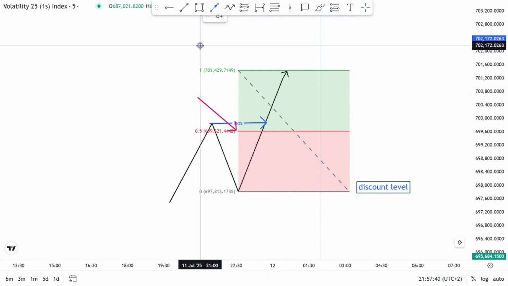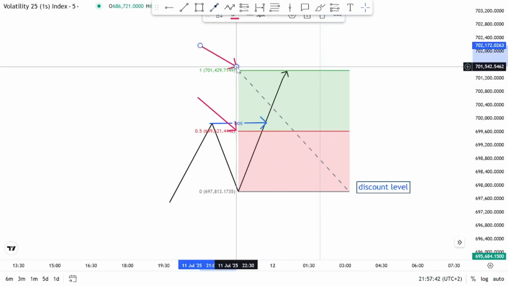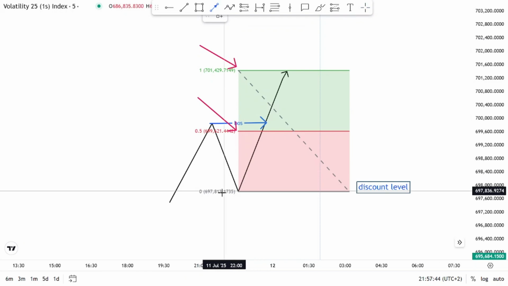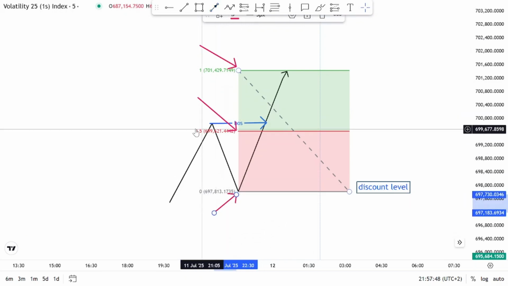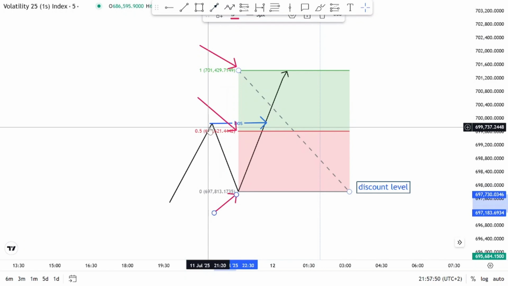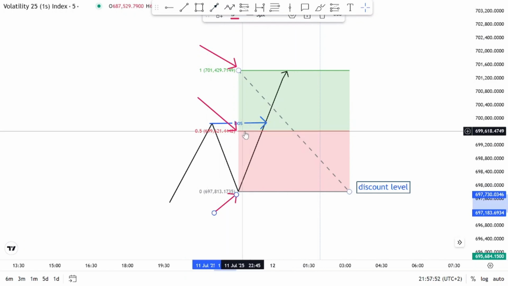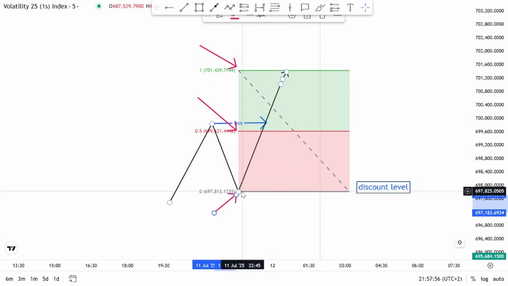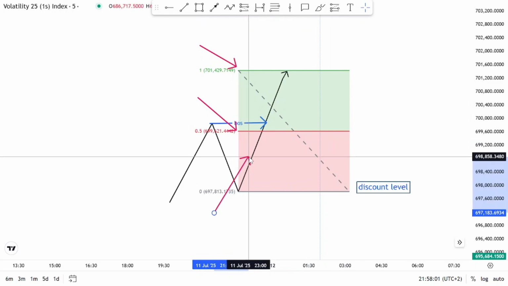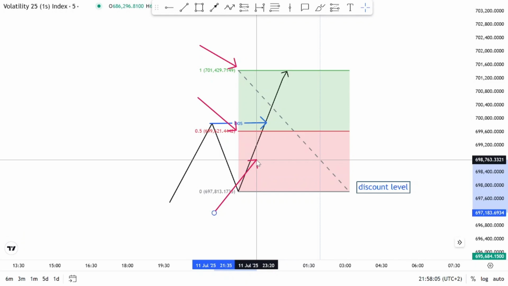The 100% is this green line, and here we have the 0%. On the 50% red line, this is where we cut the market in half. Technically inside here we have the inner range, and outside of it we have the external range.